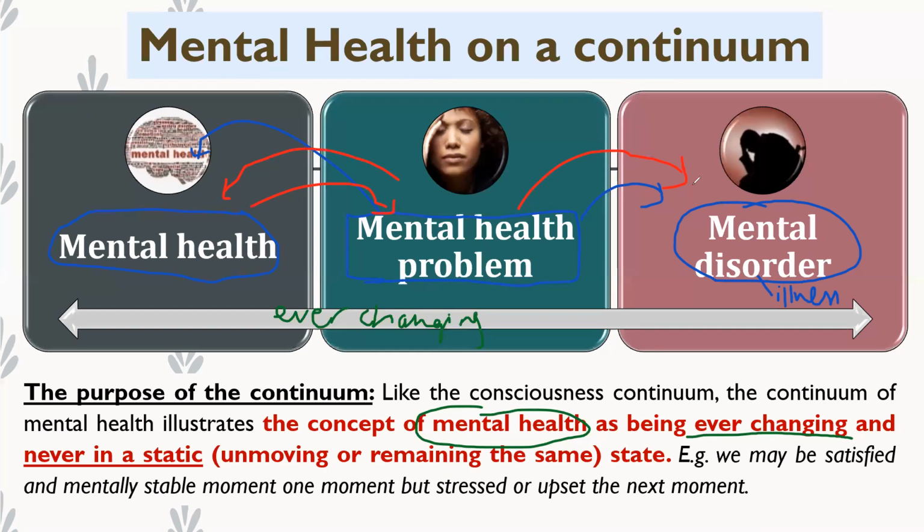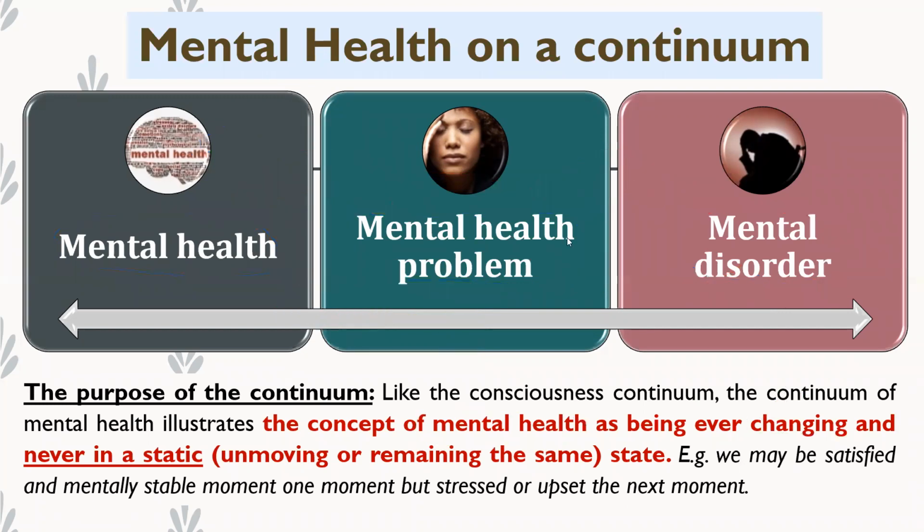A person who has a mental disorder may not live with it for the rest of their life. They might recover and go back to a state of mental health and vice versa. So this continuum, similar to the consciousness continuum, shows us that mental health is ever changing. It's never the same.